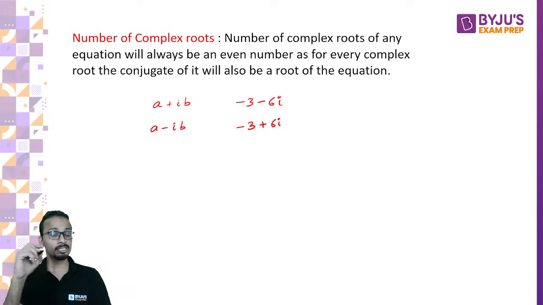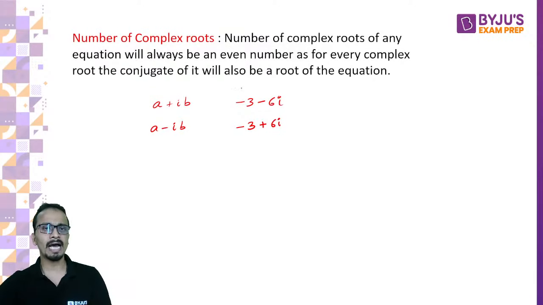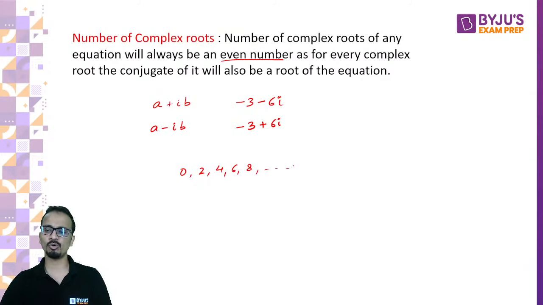Now, since they will always occur in pairs, the complex roots of any equation will always be even in number. Either the equation will not have any complex root, or it will have 2 complex roots, 4 complex roots, 6, 8, and so on.